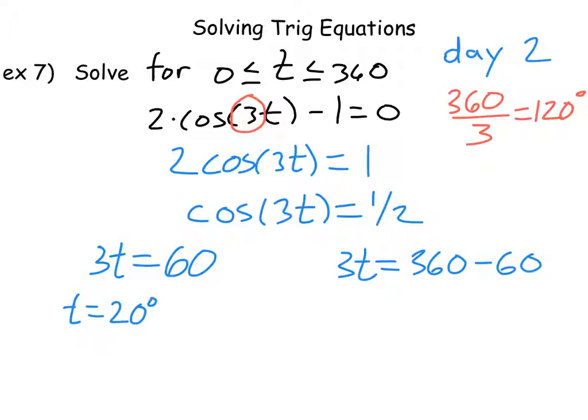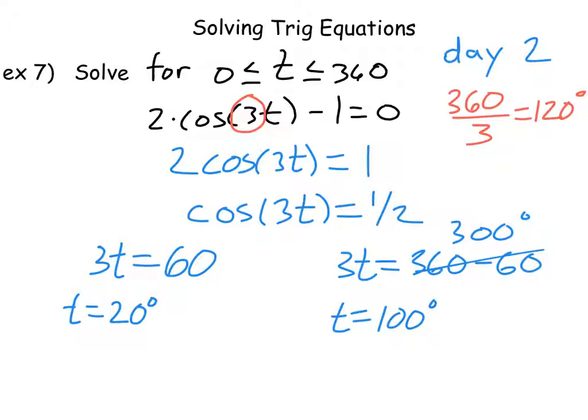I get 20 degrees. This whole side is really 300. I divide by 3 and get that t equals 100. Obviously, I really needed to look at the second possible set of solutions because it's giving me different ones. Now, this problem wants all the solutions from 0 to 360.